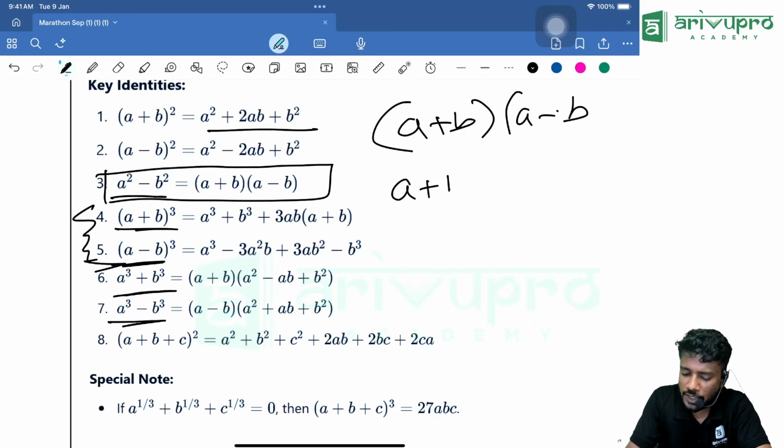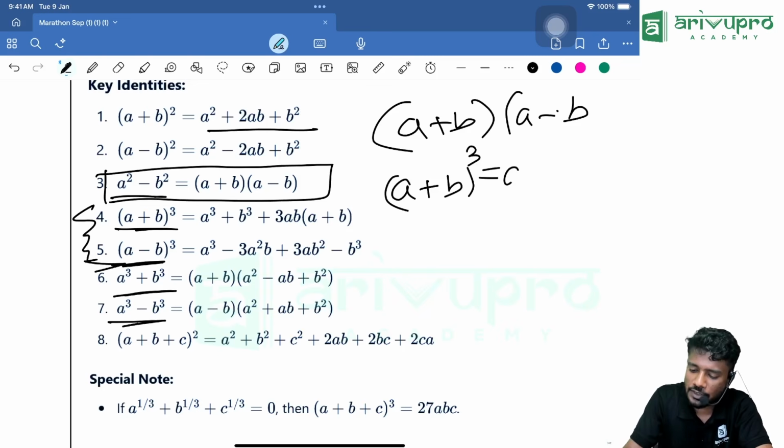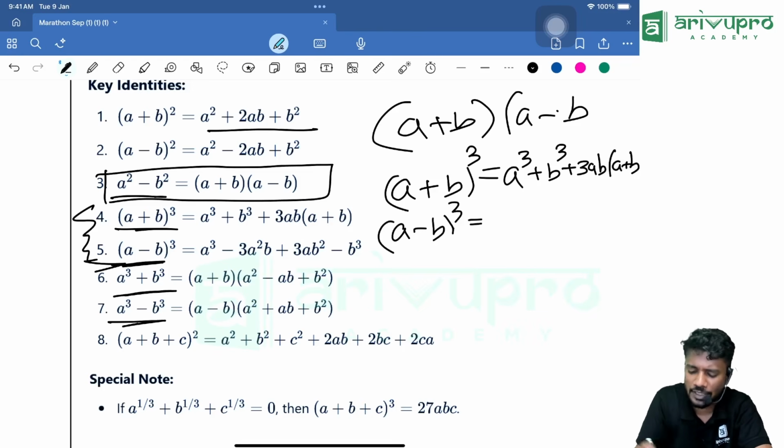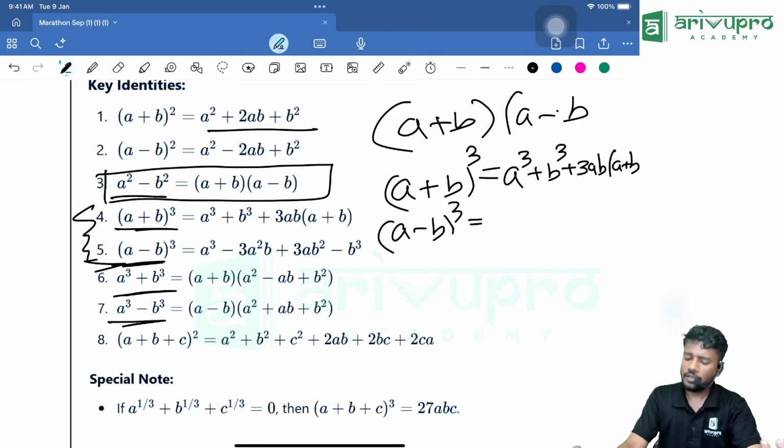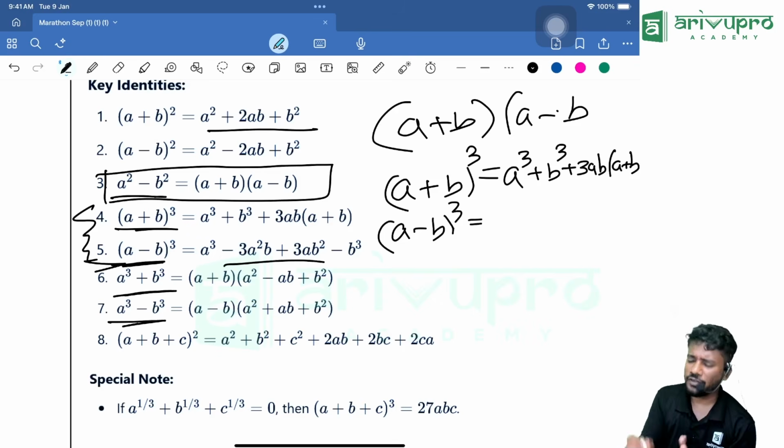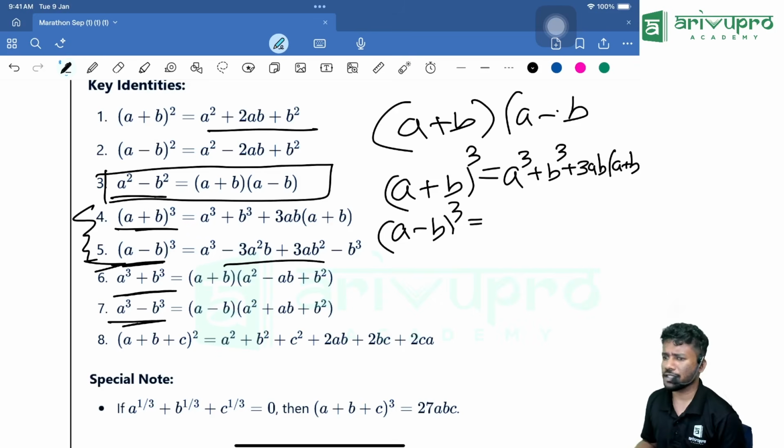These two formulas: a plus b the whole cube can be written as a cube plus b cube plus 3ab into a plus b. A minus b the whole cube can be written as a cube minus b cube minus 3ab into a plus b. Whatever way you want to write it, you can write it, that is also fine.